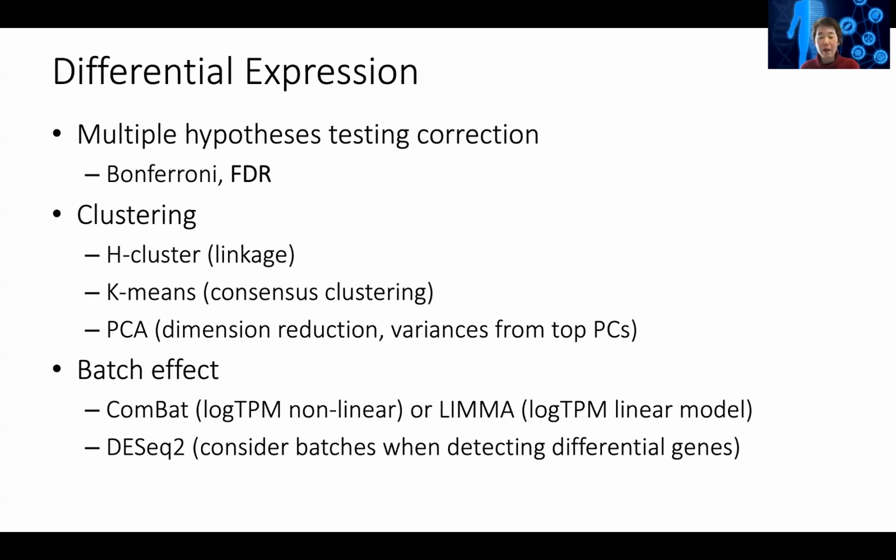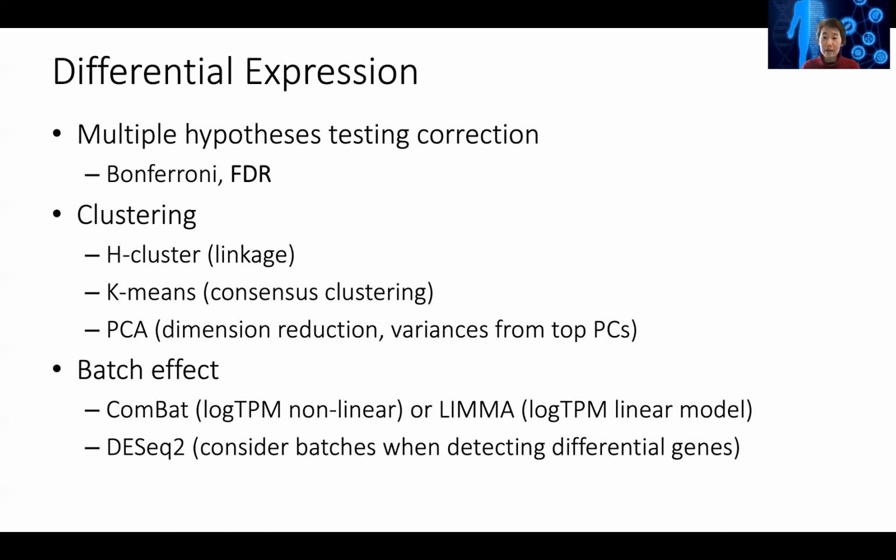But if you have a very, very complex batch, for example, we have one study where we have both fresh frozen and formalin-fixed FFPE samples, and also the samples are processed on different days and in different hospitals.